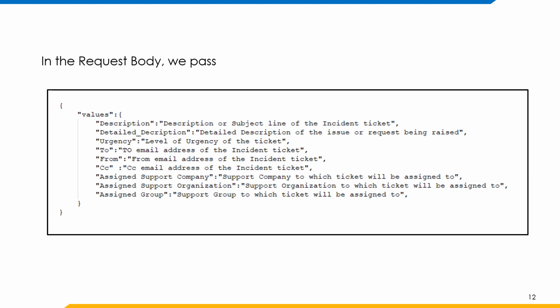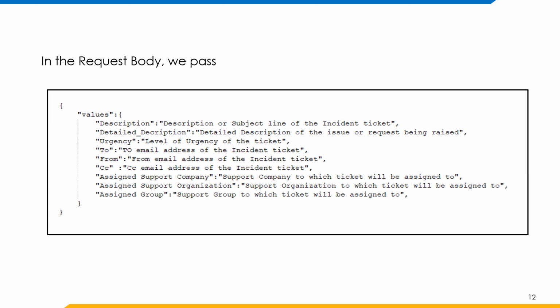From email address specifies the from address of the incident ticket. CC. This attribute specifies the CC email address of the incident ticket. Assigned support company. This attribute specifies the support company to which the ticket being raised will be assigned to.